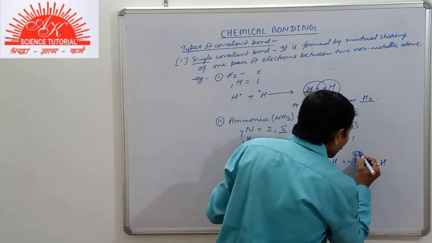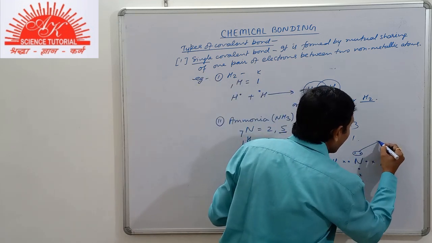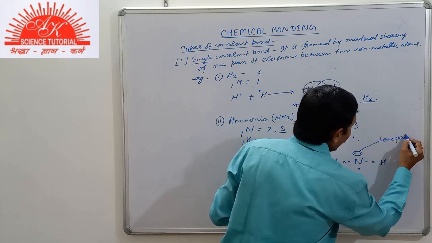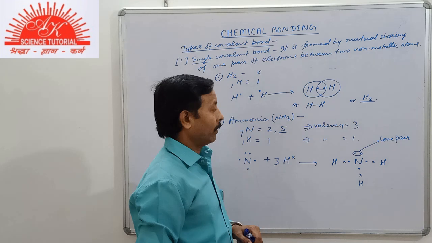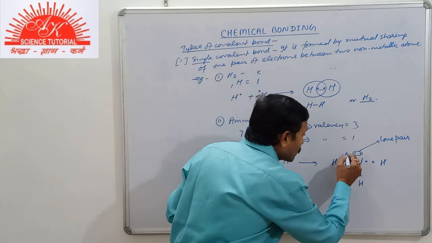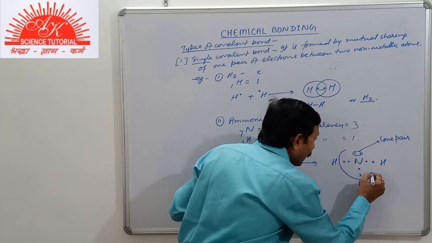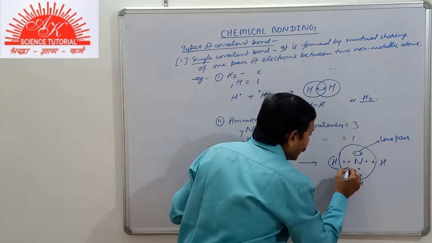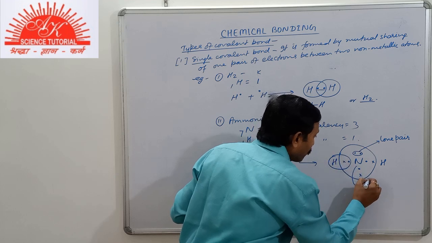Actually, this pair of electrons which has not taken part in sharing is called a lone pair. I will just define it here. In that case, you see, nitrogen has completed its octet and each hydrogen has completed its duplet.